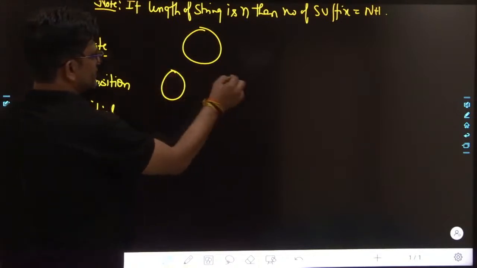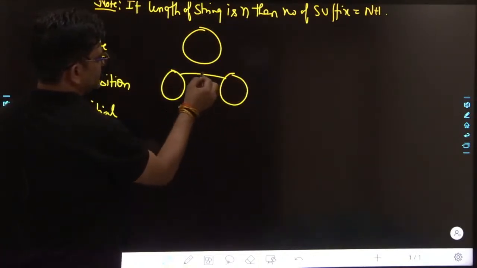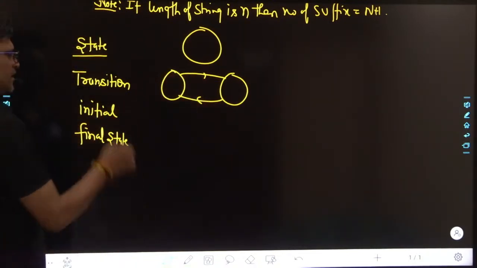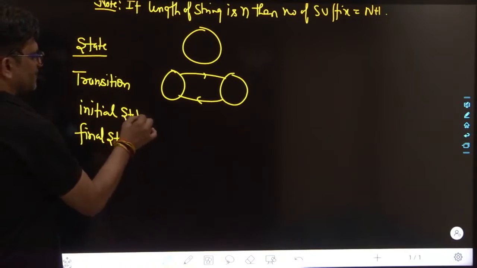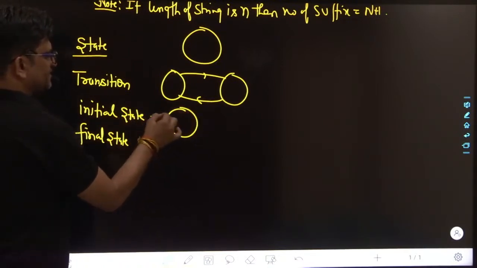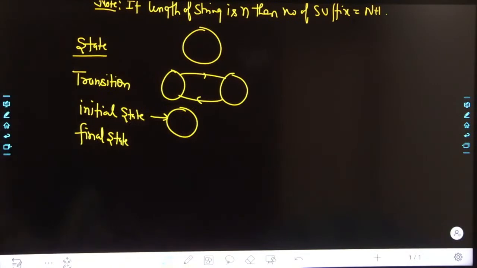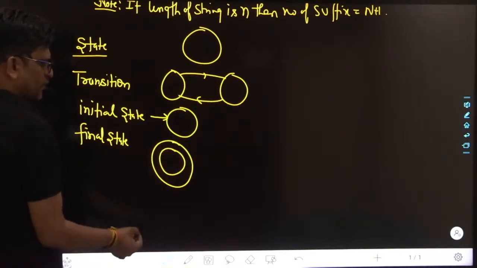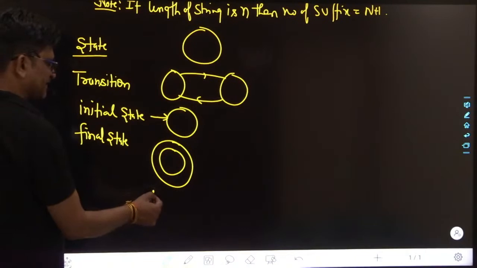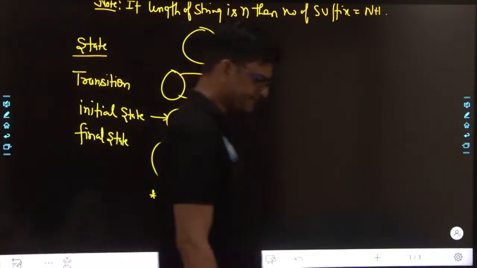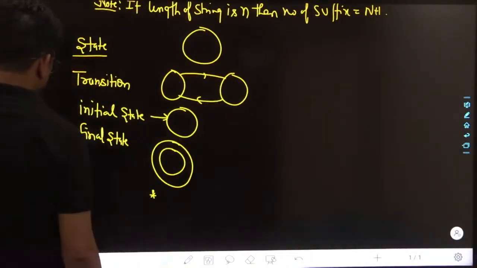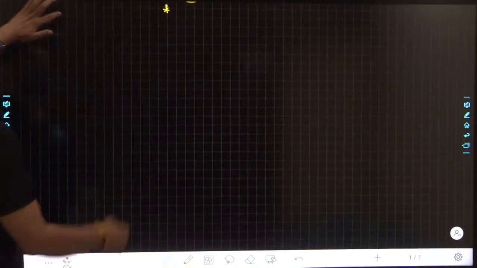If we have two circles and some edges between circles, these are known as transitions. What do you mean by the initial state? Initial state is represented by the arrow. What is final state? Final state is represented by the double circle, or sometimes it is represented by a star. Clear? Okay.